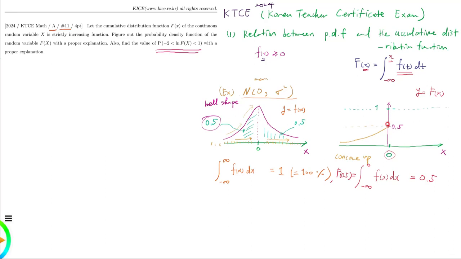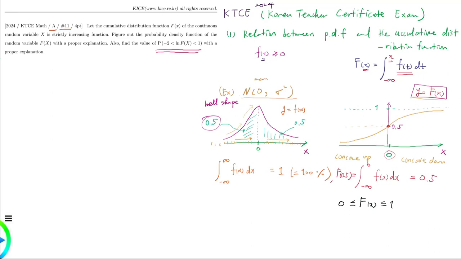So the speed of increment is decreasing on the right half of this graph, so this graph looks concave down. So this will be the graph of its cumulative distribution function, and obviously, as you can see, its value goes from 0 to 1.